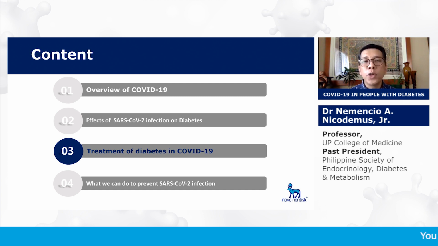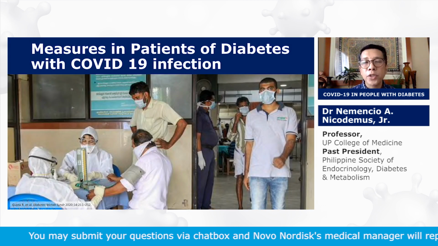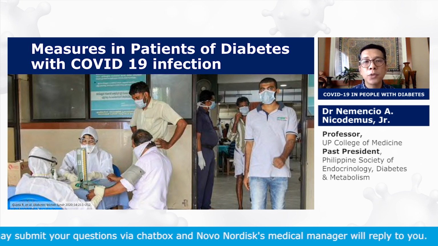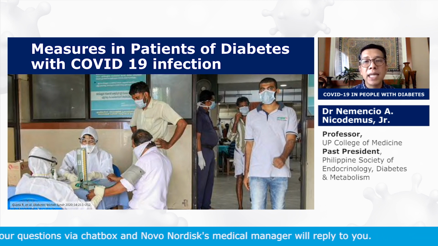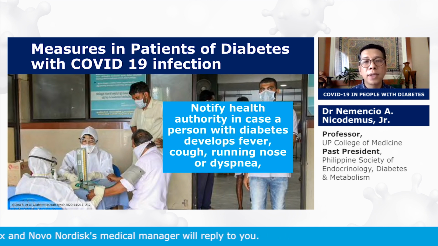Now let's go into the treatment of diabetes in COVID-19. It is very important that a person with diabetes is familiar with the measures that are needed to prevent and even treat this particular infection. The measures that are very important in patients with diabetes who have COVID-19 include, first and foremost, notification of healthcare authorities in case a person with diabetes develops the symptoms fever, cough, runny nose, and dyspnea.